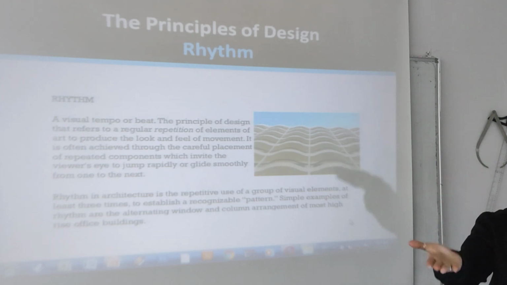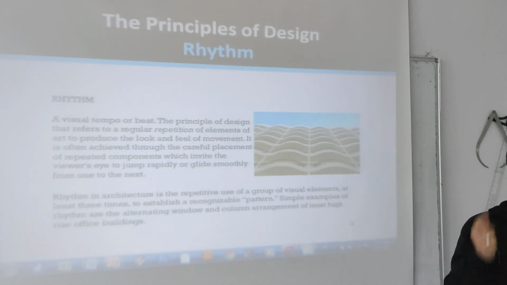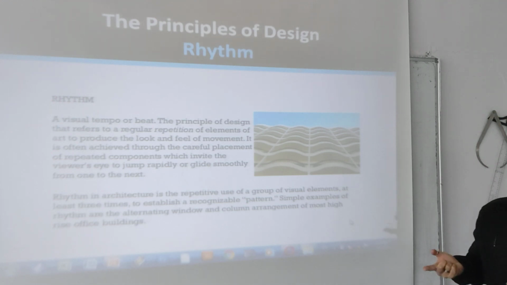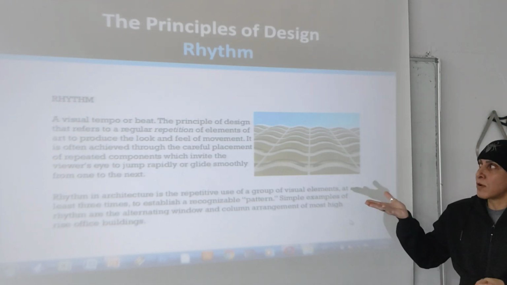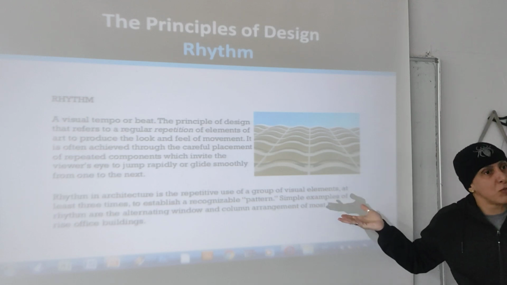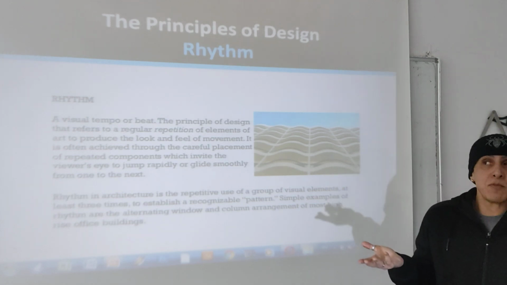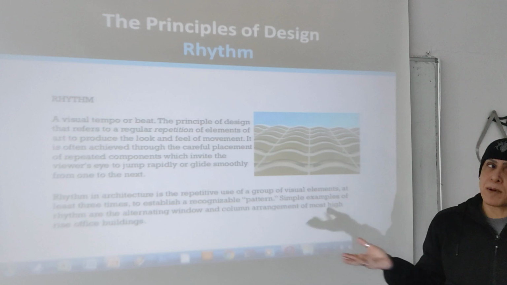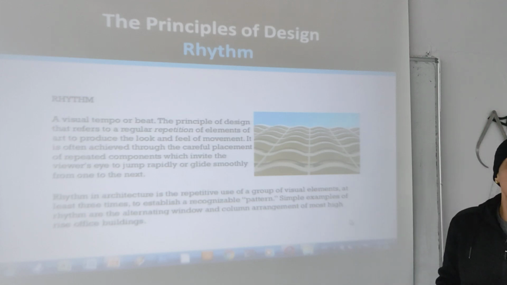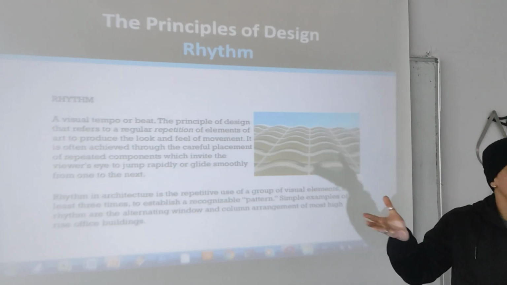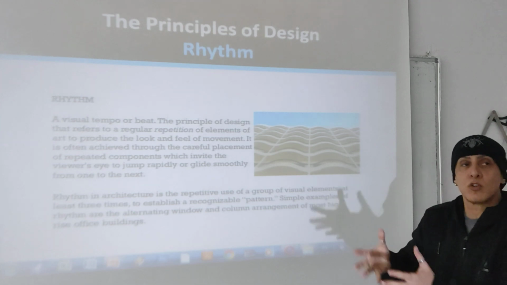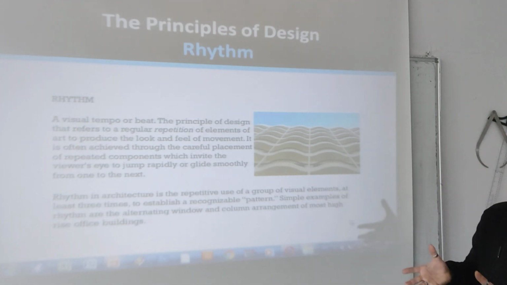So when we look at a design, in music we hear rhythm, but we also see rhythm, okay? In some designs, in some compositions, sometimes you need to include rhythm for a particular purpose, of course. Selection of principles of design must always have a reason in design, okay?